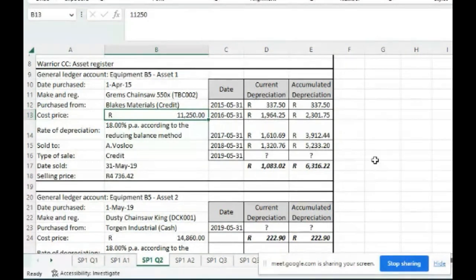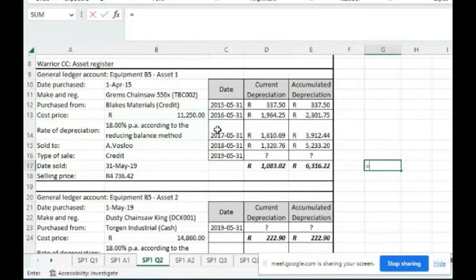Now, if I show you that equals that minus that, we get an amount of 4,933. So if I wanted to make a profit, I would have to sell it for more than 4,933. But I only sold it for less than that amount, which means a loss.